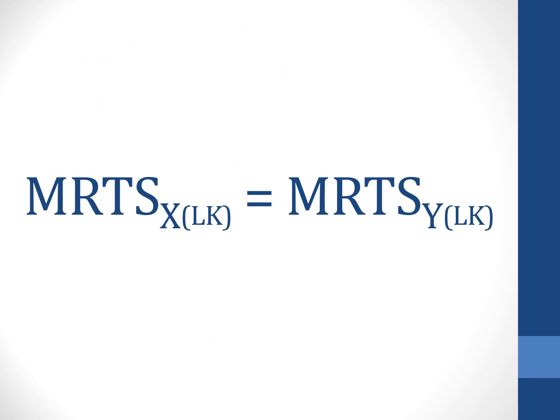At these points where the isoquants are tangent to one another, we have the marginal rate of technical substitution for firm X being equal to the marginal rate of technical substitution for firm Y. The marginal rate of technical substitution is simply the slope of the isoquant.